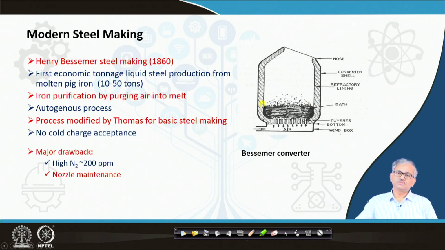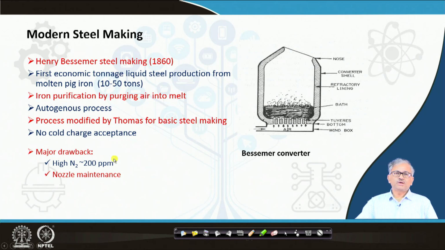It is called acid because the slag is acidic, and there you can only remove carbon, silicon, manganese, not phosphorus. So when Thomas modified this process with the basic lining and limey slag, he could remove the phosphorus also. So a perfect refining unit was established.